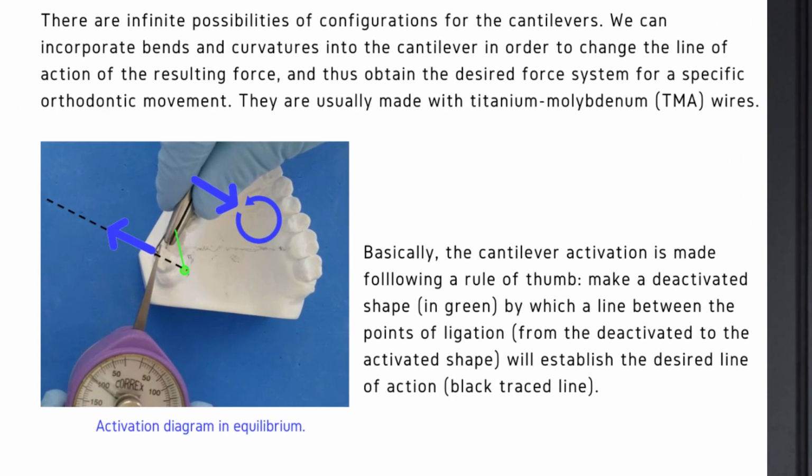Basically, the cantilever activation is made following a rule of thumb. Make a deactivation shape, as you can see here in green in this picture, by which a line between the points of ligation from the deactivation to the activated shape will establish the desired line of action. The desired line of action in this figure is illustrated by the black traced line.